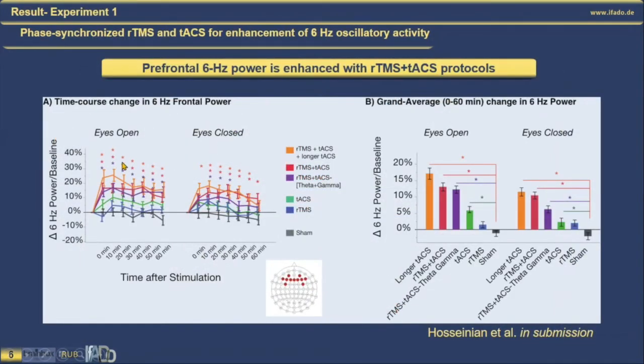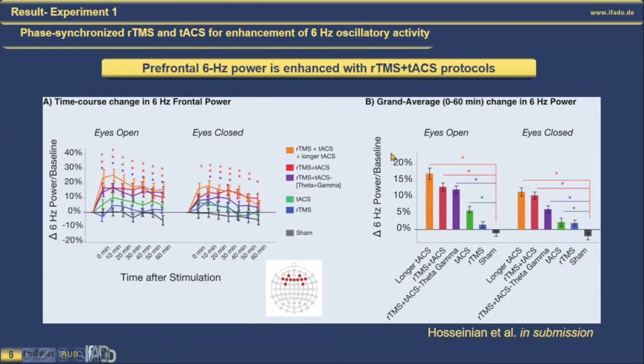As you can see here, when we compared changes in 6 Hz power to sham stimulation over the 60-minute time course of the session, the results showed that all 3 combined protocols had a significant enhancement in power in both eyes open and eyes closed.